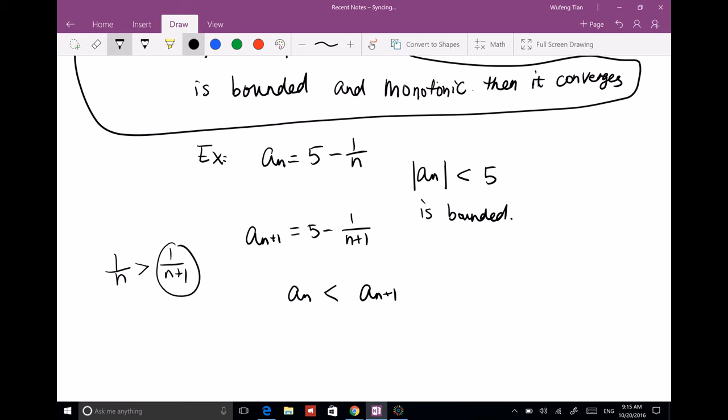Both subtract a number from 5, but an plus 1 subtracts a smaller number, so the remaining value is bigger.